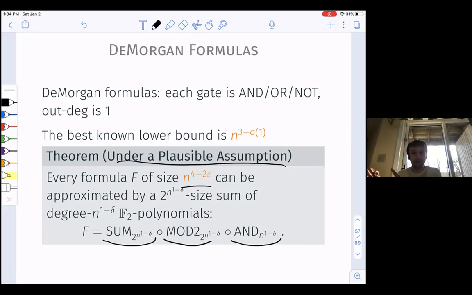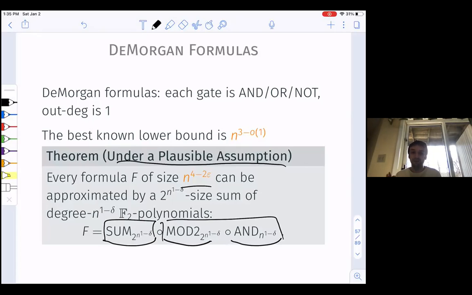Once again, every De Morgan formula under some conjecture of size almost n to the 4th can be computed by a real sum of sub-exponential size of F2 polynomials of sublinear degree.